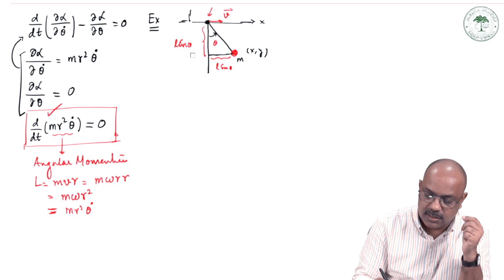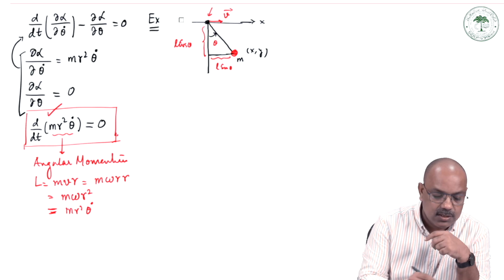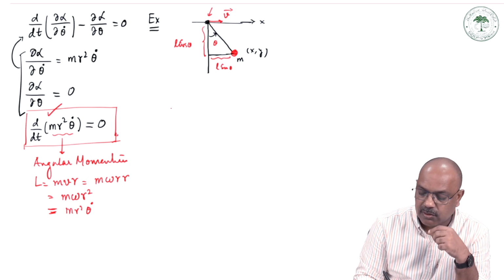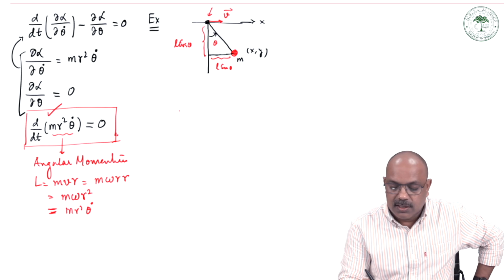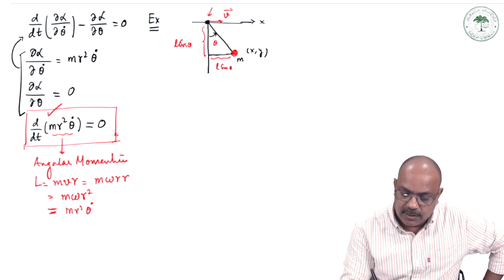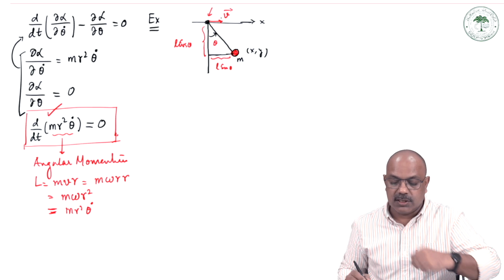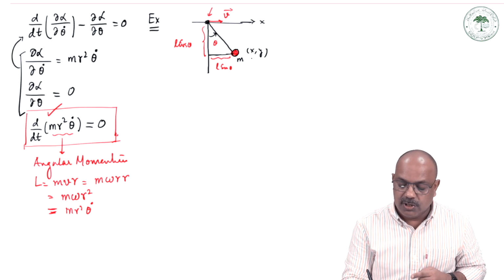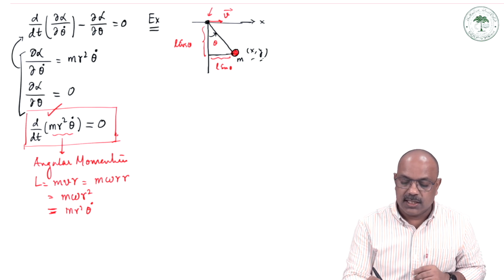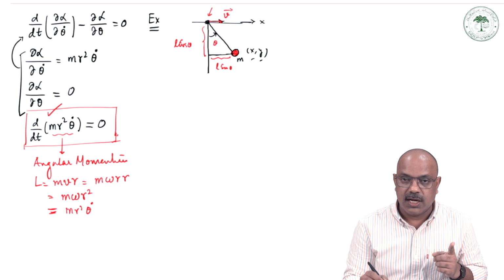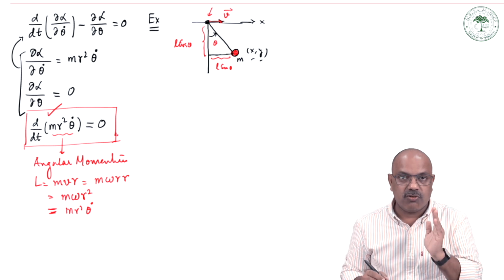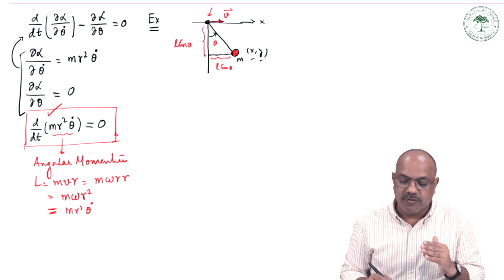So I can remove this. So this is my L cos theta and L sin theta, and this is moving with the constant velocity along this. So this is going to have some x and y coordinate, because it is moving. The coordinate is not fixed at the origin, so it is moving.